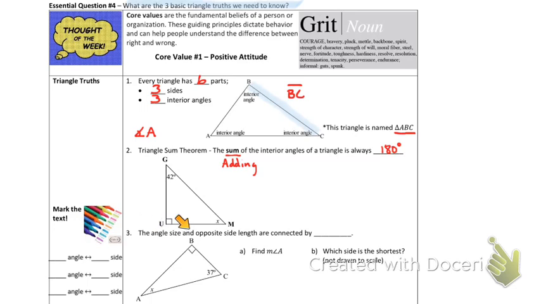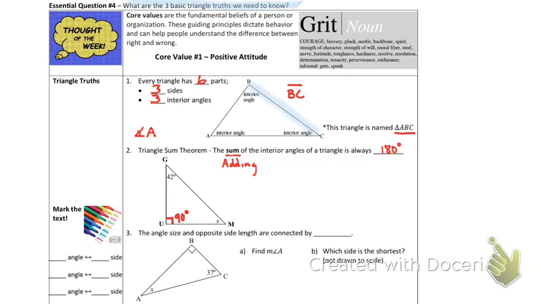This is what I would do. I would use the triangle sum theorem, which says we have to figure out all 3 angles. I now know that this symbol means 90 degrees. So I'm going to add up all 3 angles and set them equal to 180, because that is the rule we're going to use.